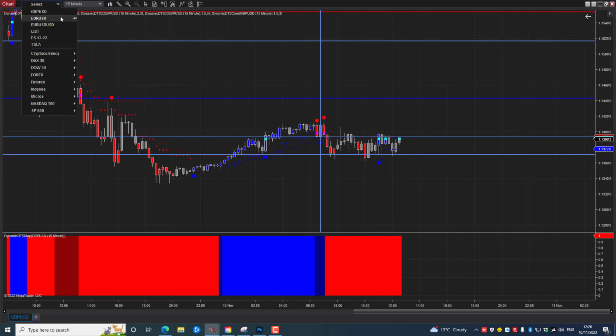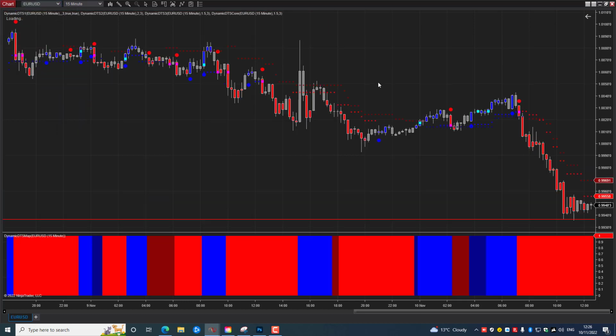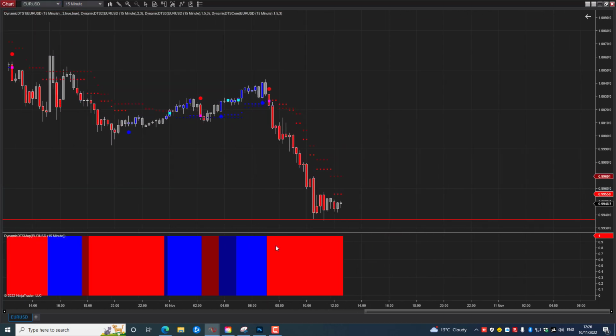So what do I do? I move over to my other favorite currency, and to be honest, I'm glad I did because it's been great today. Where I started trading, straight away I had a red signal followed by a breakout signal. This magenta dot here is a breakout signal. So I started trading and trailed my stop down with each bar.